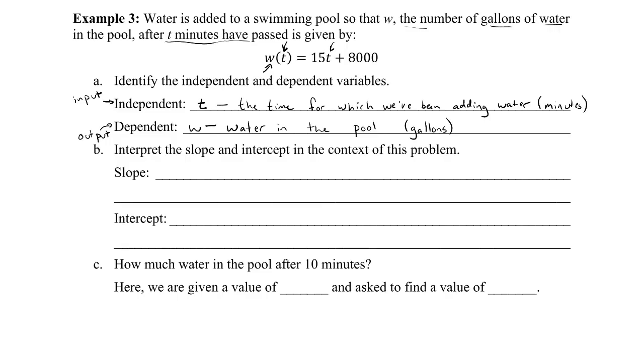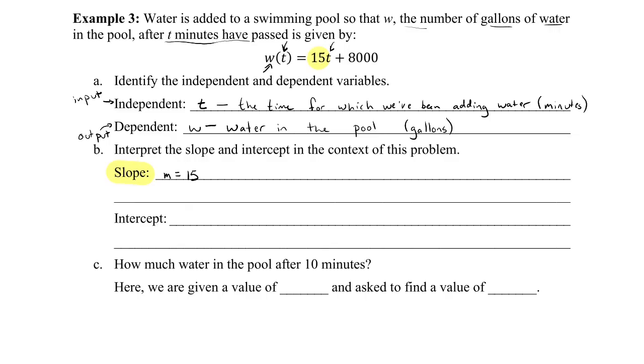Next, we'll identify the slope and the intercept. So the slope is the number multiplied by t. So in this case, our slope, m, is 15. The slope is the rate at which the output is changing relative to the input.